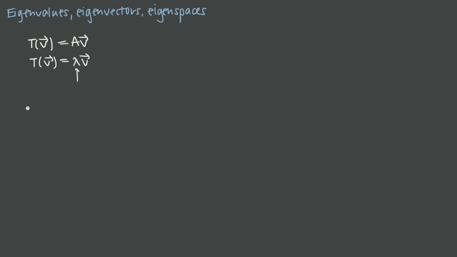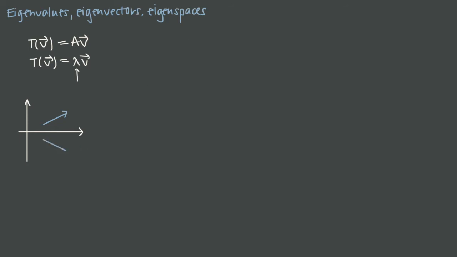So just to take a simple example, let's say that we have a two-dimensional space like this, and let's say that our transformation, we don't know exactly what it does, but let's say our transformation is flipping vectors over the x-axis. So if we had some vector, and maybe it looks like this to begin with, under the transformation, it might look something like this.